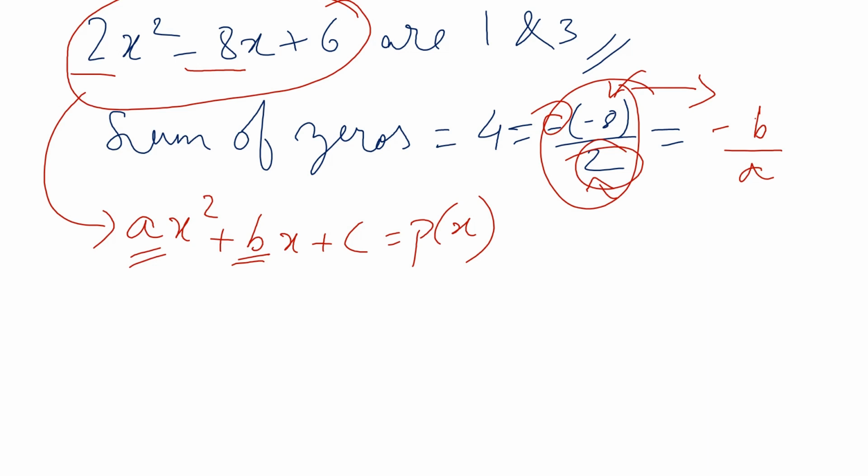Hence we get the relationship of sum of zeros as minus b by a.